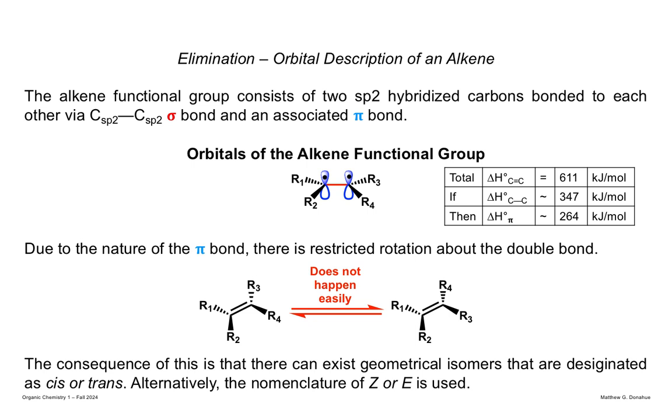Here is the orbital description, where that is your sigma bond, and then here you have your p orbitals overlapping to form the pi bond. So overall, the sigma plus the pi is the double bond.